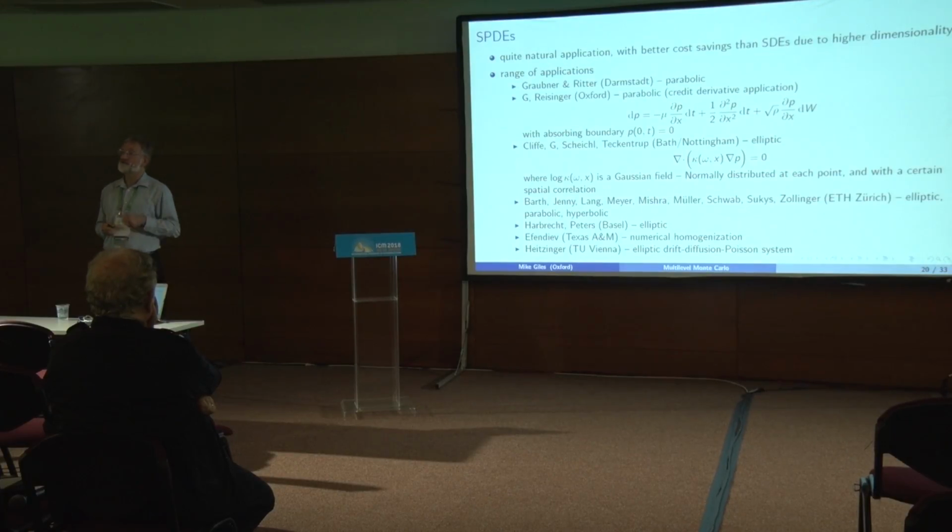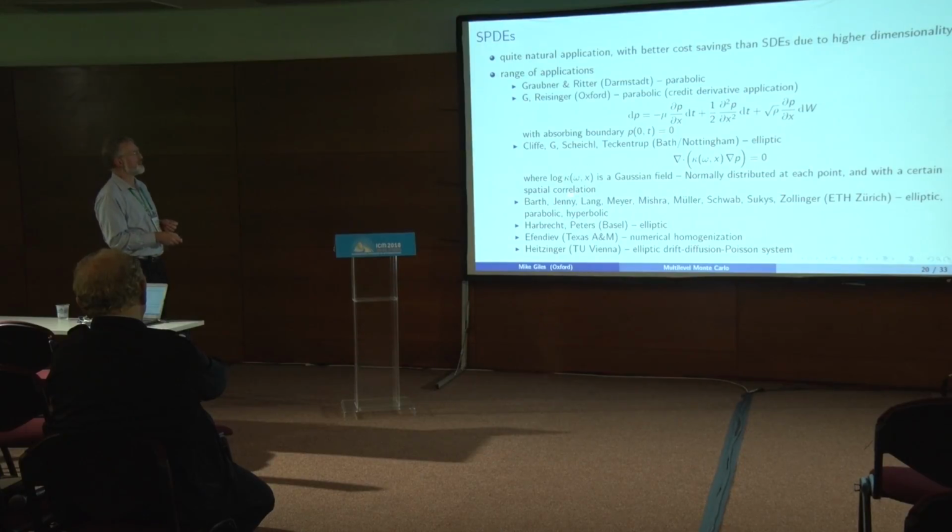The extension is also very natural to stochastic PDEs, or PDEs with random data. And again, a large number of people working on different applications, parabolic, elliptic. This is one of the classic applications, an elliptic problem in which the diffusion coefficient is actually a stochastic field.